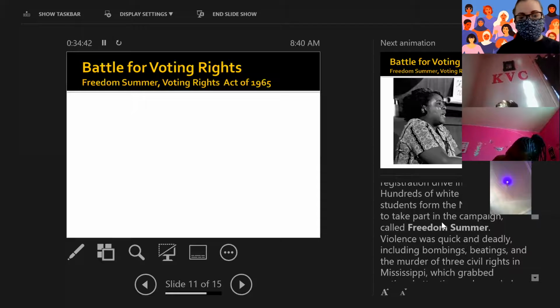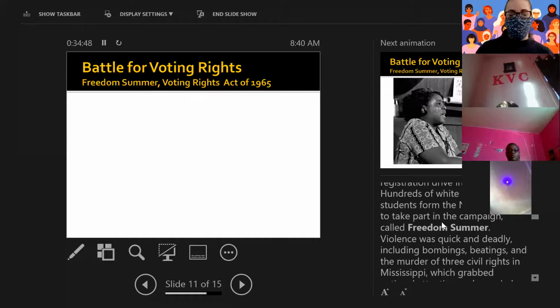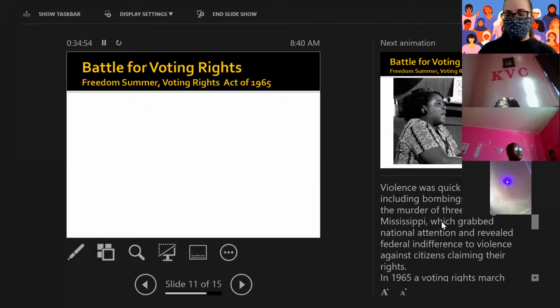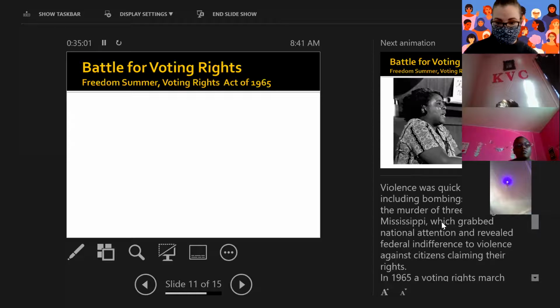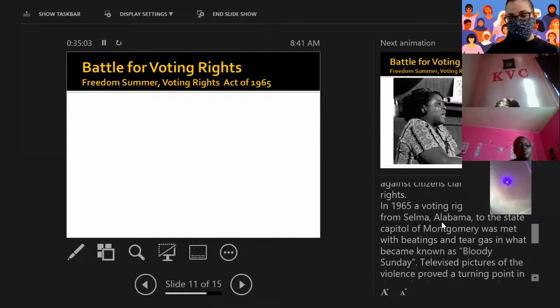In the Freedom Summer, hundreds of white college students come from the North down into the South to help protect their African American allies in participating in their right to vote. This led to a lot of physical violence and also highlighted the federal government's indifference to protections of voting rights.